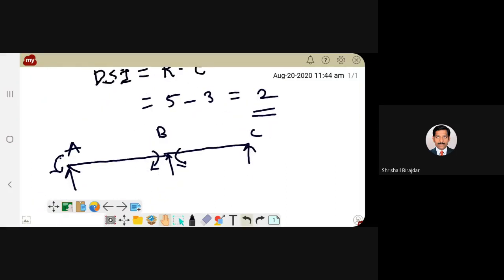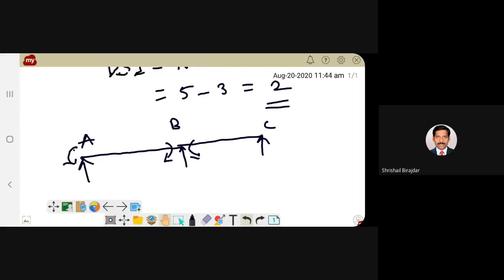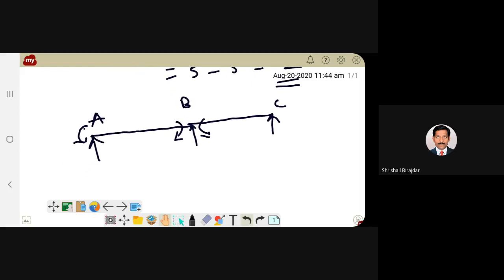How do you come to know the DSI is 2? You neglect the horizontal translation in the beam itself, but you are not supposed to neglect the vertical force here, because for the sake of the equilibrium condition, the reactions are exerted at A, B and C.